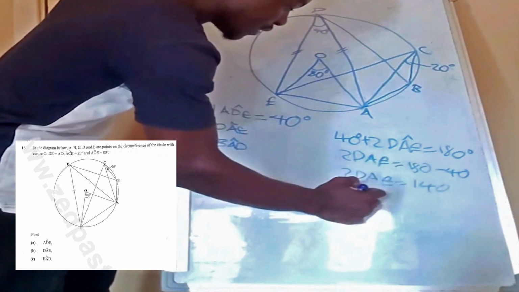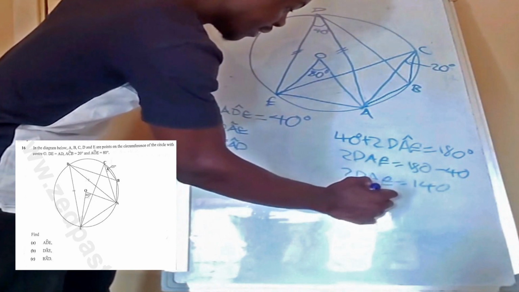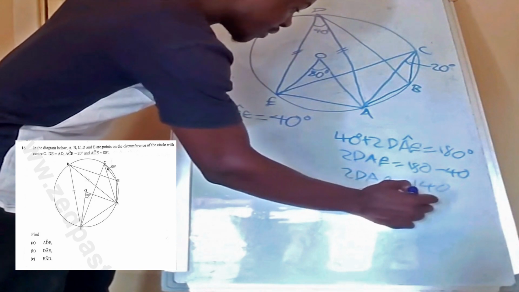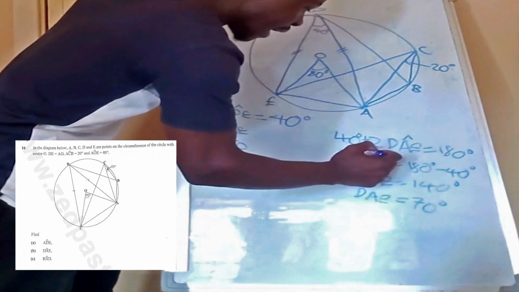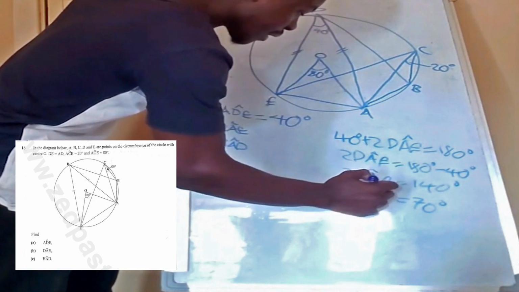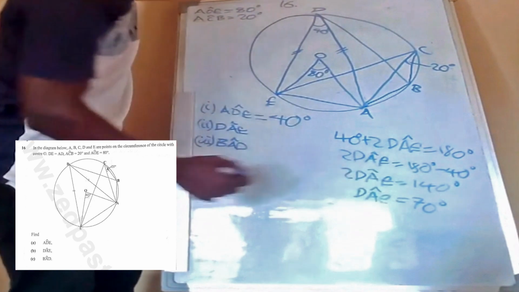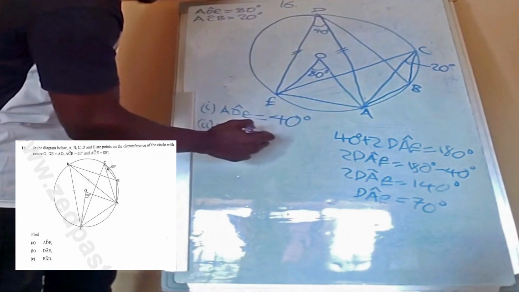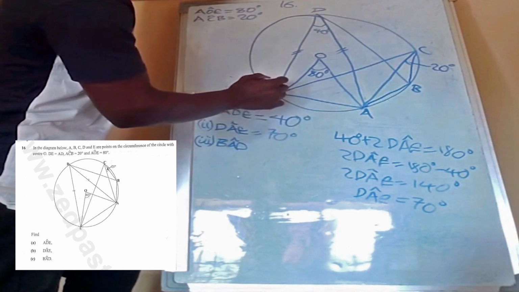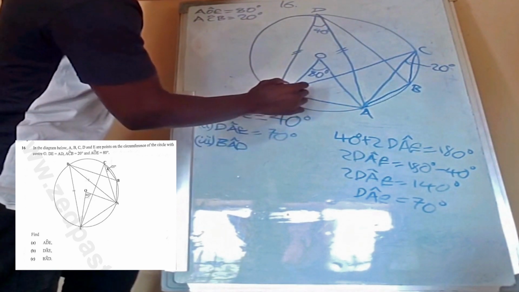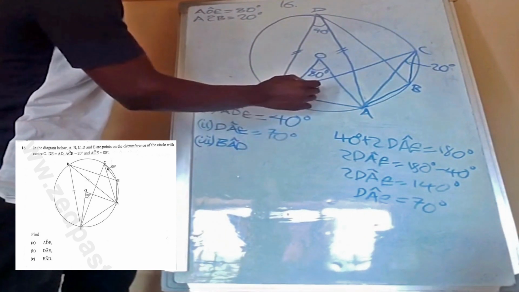Divided by 2 gives us DAE equals 70 degrees. So angle DAE equals 70 degrees, which is the whole of this 70 degrees.